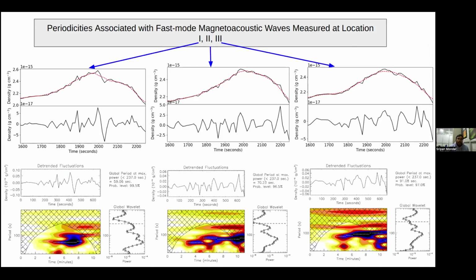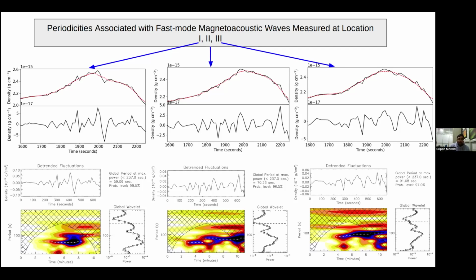Then we calculate the periodicities of the wave at locations 1, 2 and 3. To do that, we again subtract the background trend in the density to find the perturbation in density associated with waves, and then use wavelet estimation to find the periodicities, which come to be 59 seconds, 70 seconds and 91 seconds. During all of this detrending, we consider the box car average width to be 7 or 8 in these locations, such that the detrended light curves go through Gaussian-like peaks and dips.